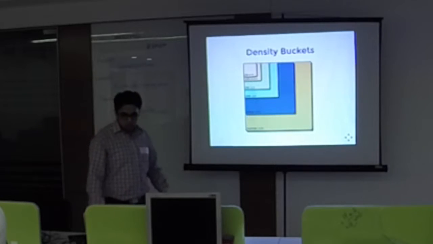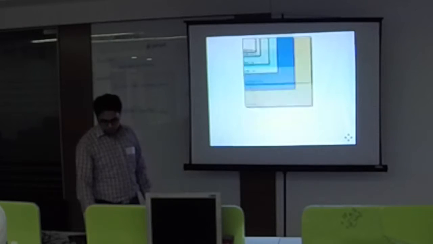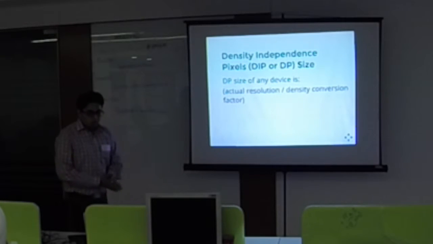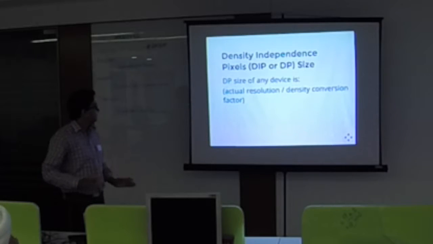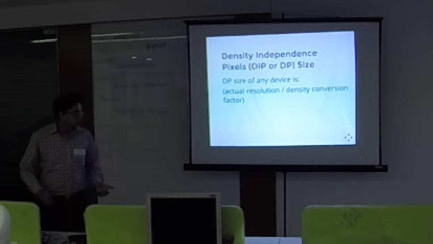So, what's the benefit of categorizing devices in this way? By categorizing devices in this way, Android wants us developers and designers to treat device sizes in density independent pixels, not in actual resolution or the device density. What is a density independent pixel?